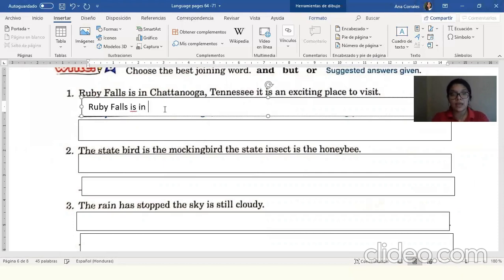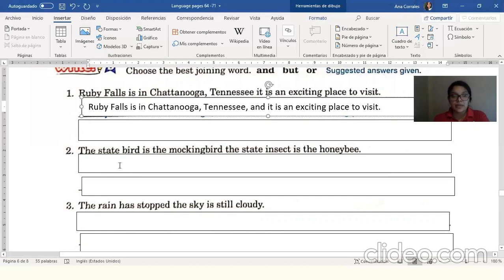Is in Chattanooga, comma, Tennessee, and, comma, and it is an exciting place to visit. Copy with good letter, please.